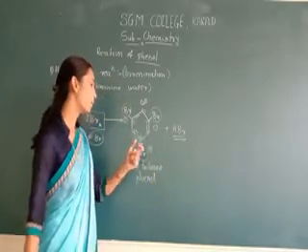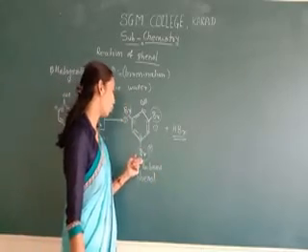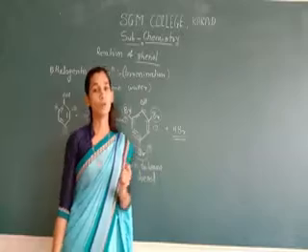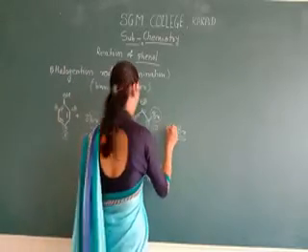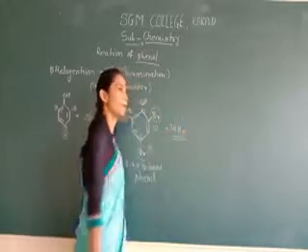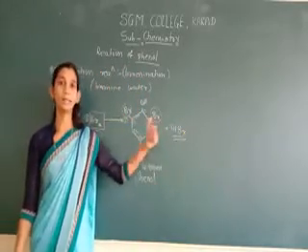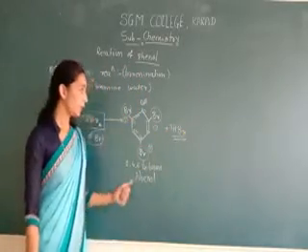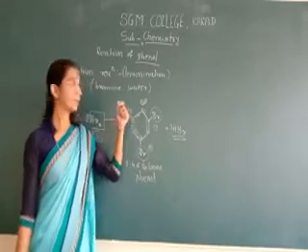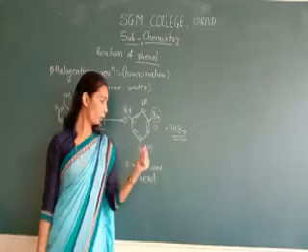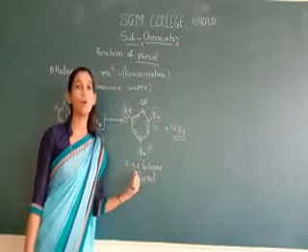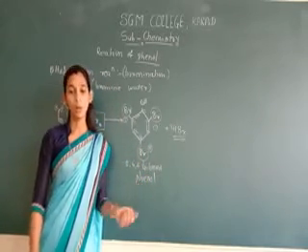So the name of this compound becomes 2,4,6-tribromophenol. It is a very simple reaction. For balancing, 3 molecules of HBr will be produced in this reaction. Here we are taking bromine water, therefore we get the product 2,4,6-tribromophenol.